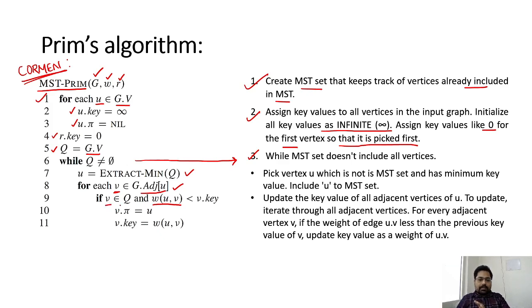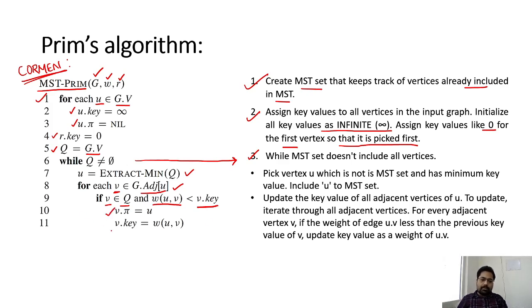Next, the if condition: Q is already keeping the vertices. The v adjacent to the u are being kept in a set. There are two different conditions we have written: small v belongs to all the vertices which we collected, and the key value should be greater than the cost of the edge.